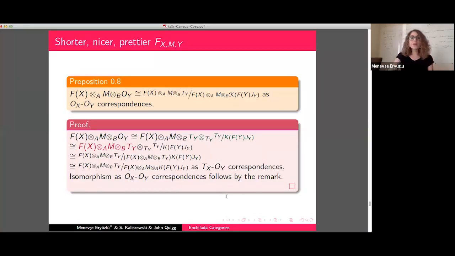Now, this was the most surprising part for us, because this OX-OY correspondence turned out to be isomorphic to this much simpler correspondence. Even though Fx is not an OX-A correspondence, these two are isomorphic as OX-OY correspondences.